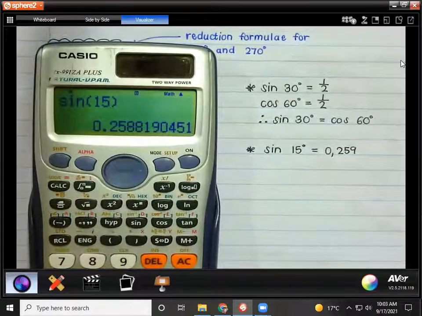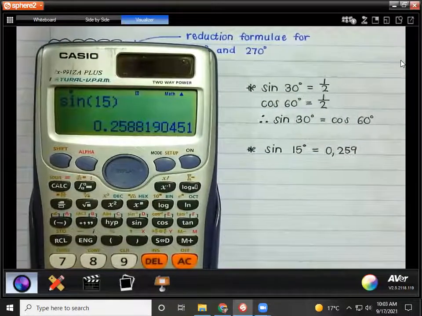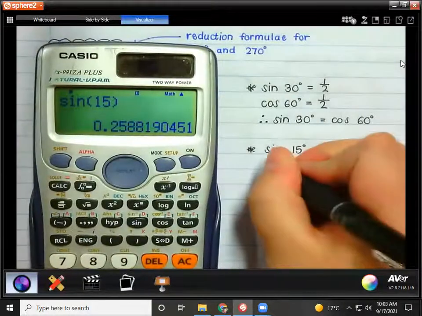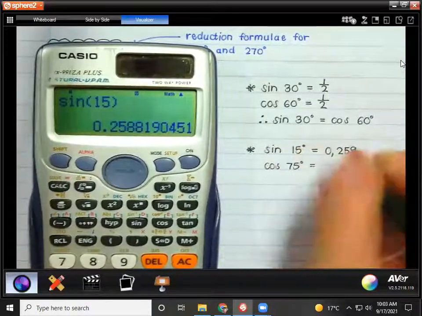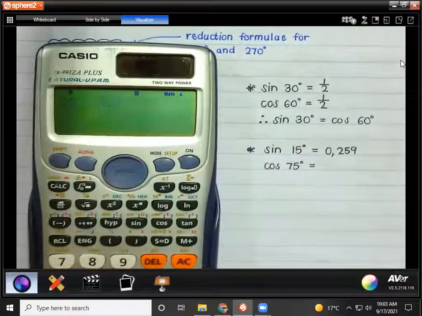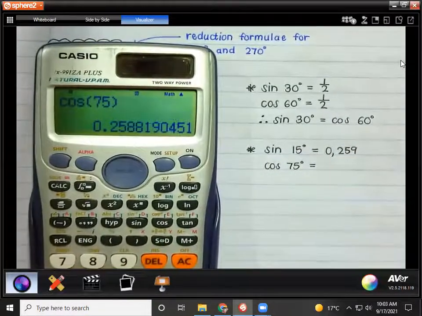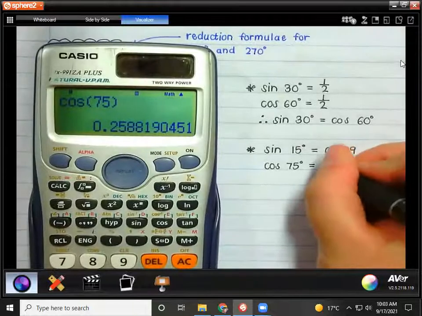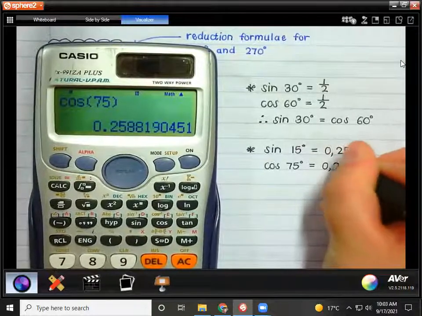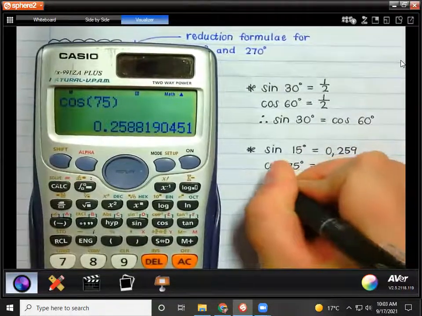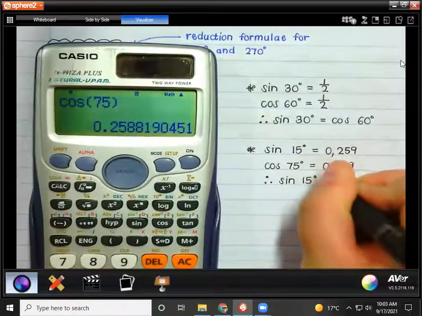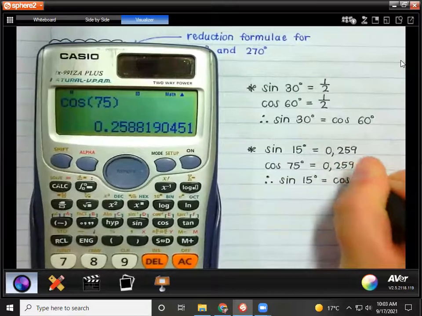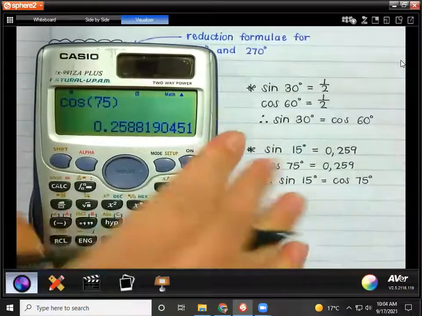Now guys, what number must I add to 15 to get 90? 75. So let's see if cos 75 is equal to the same value. Cos 75, there we go, it is equal to the same number, 0.259. So therefore, sine of 15 is equal to cos of 75.